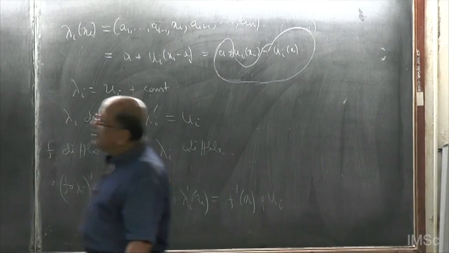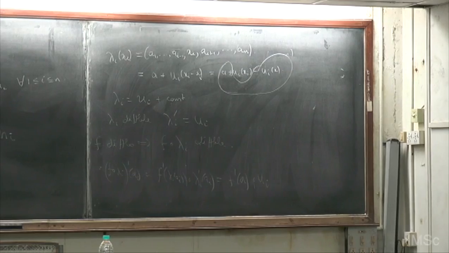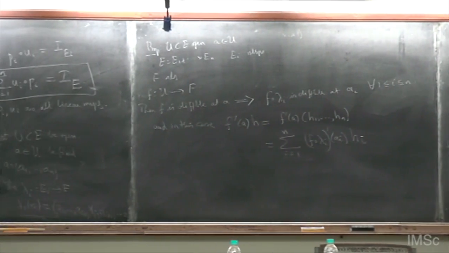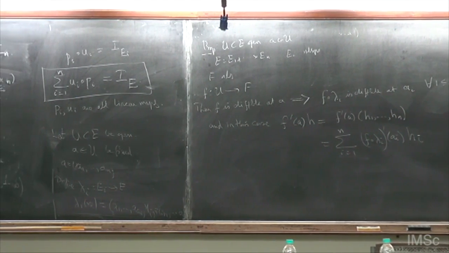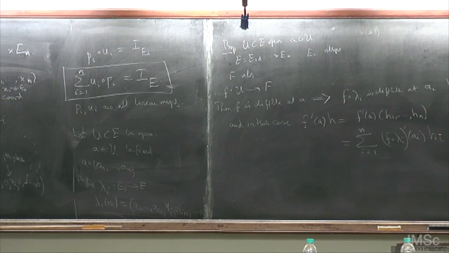Now, you have this relation here, sigma ui composed with pi equals the identity. Now, you compose with f dashed a.